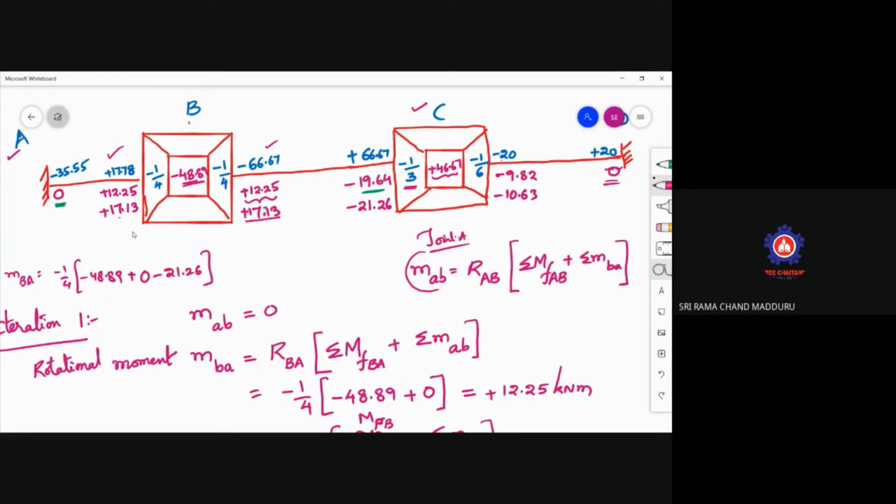For this, the far ends are this one as well as this, 0 minus 21.26. What is the value? 17.53. So plus 17.53. Similarly, as the rotation factor is the same, you will also get here 17.53.